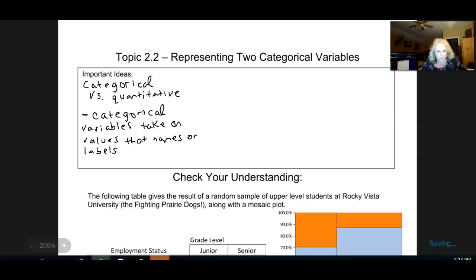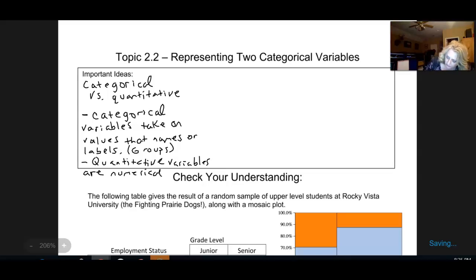And really we're talking about here just they're being grouped. They're in groups, okay? So when we say names or labels, we're really just talking about groups, right? But quantitative variables are numerical and measure a quantity.